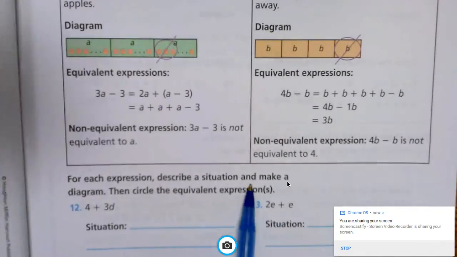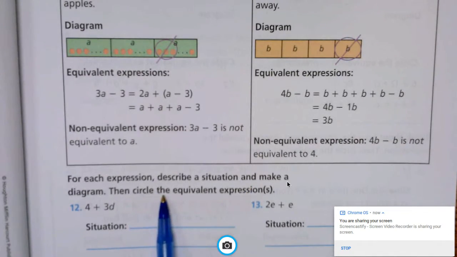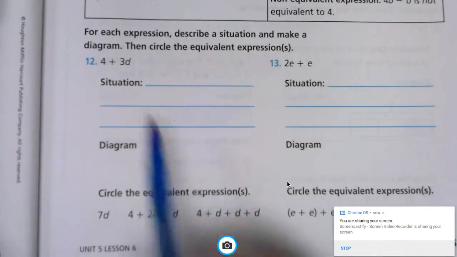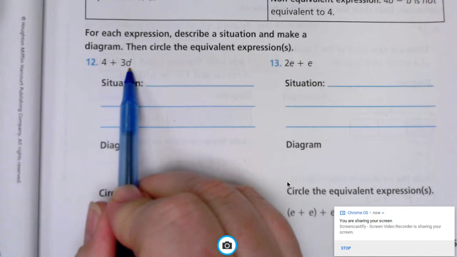So for each expression, describe a situation, make a diagram, and this is important. I will just write down what my answer says, and you can check it. 4 plus 3D.